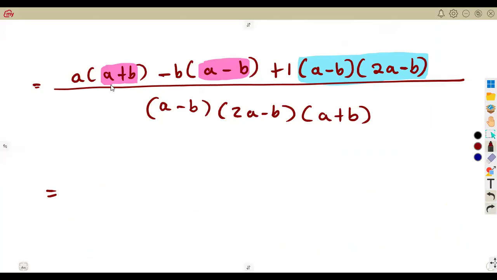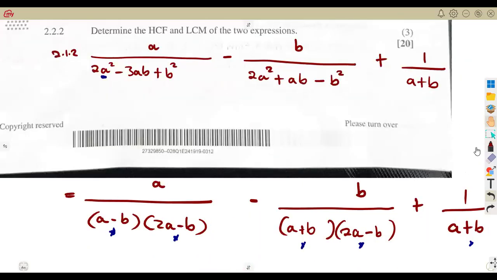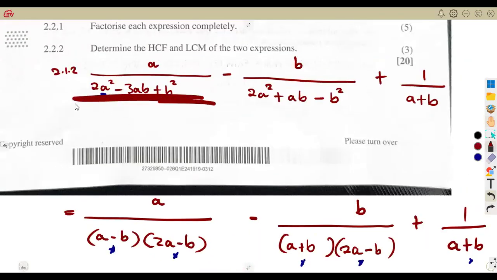All right. So let's start with the first bracket. A times A, that's A squared. A times B, that's AB. Minus B times A, that's minus AB. Minus B and minus B, that's going to be plus B squared. So this is 1 times the whole of this bracket, which is simply 1 times this. Remember, this is where we got it from.